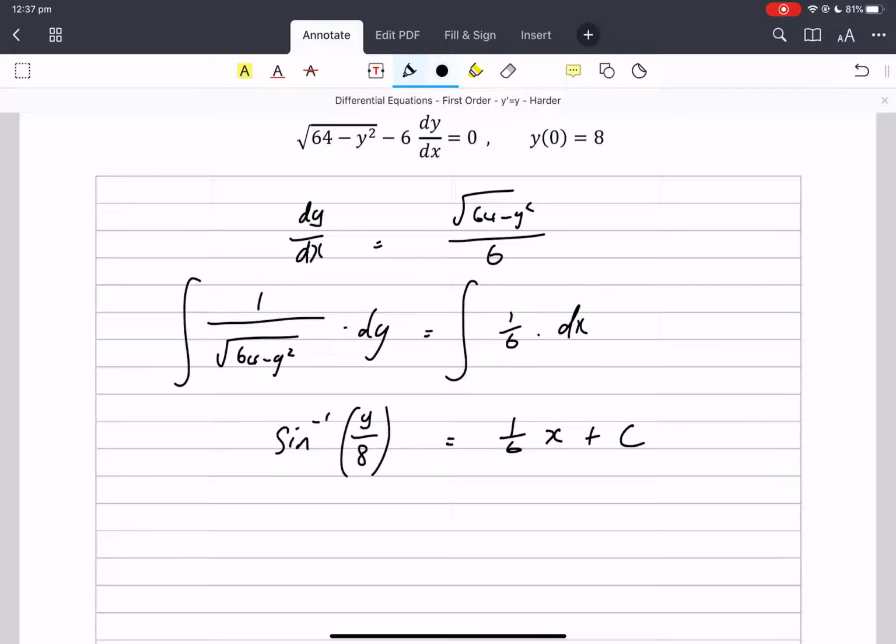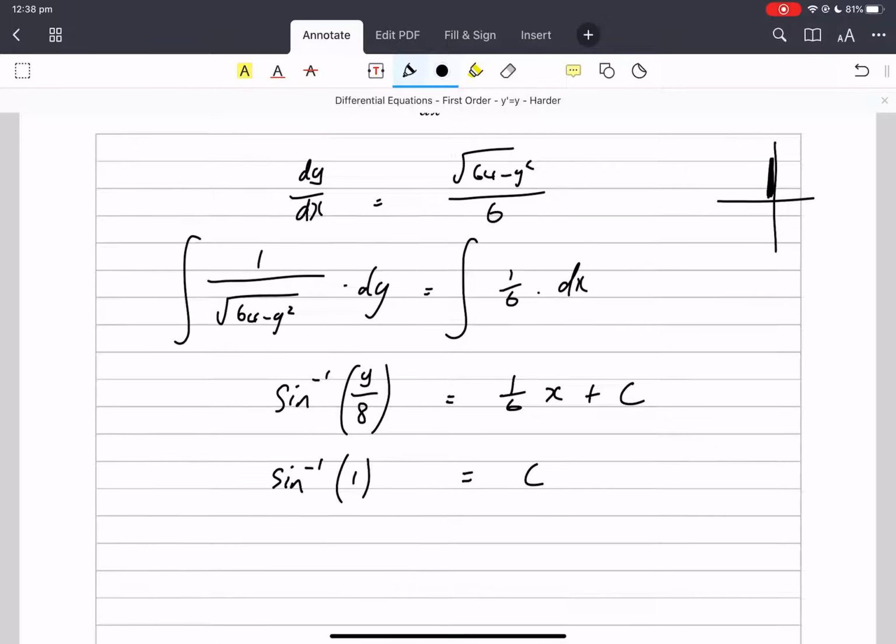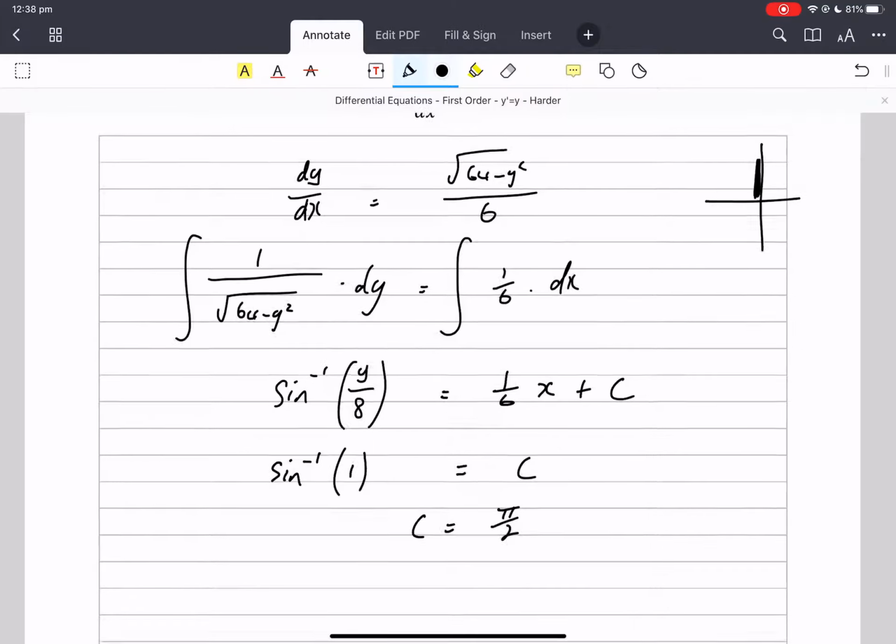Let's find our c straight away, hey, when x is 0. What's the arc sine of 1? Well, sine of 1, let's go pi on 2, eh? C equals pi on 2.